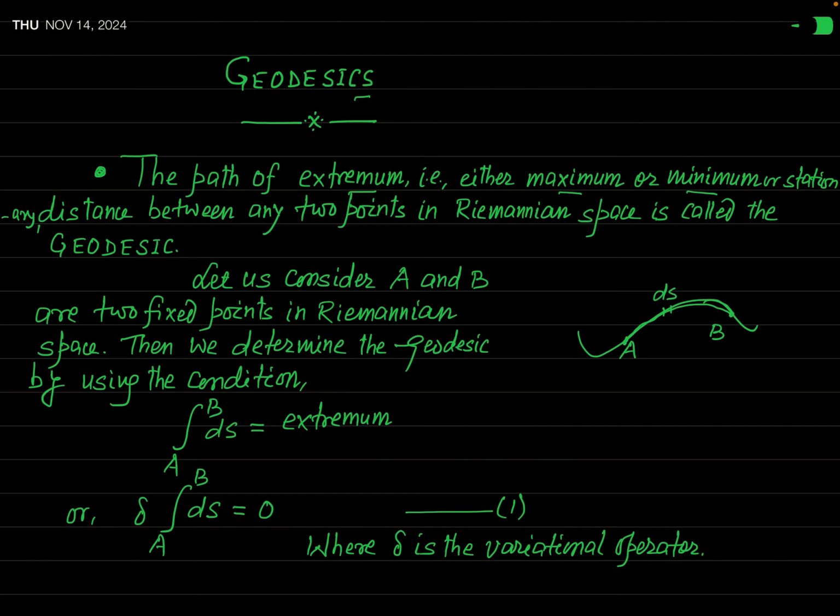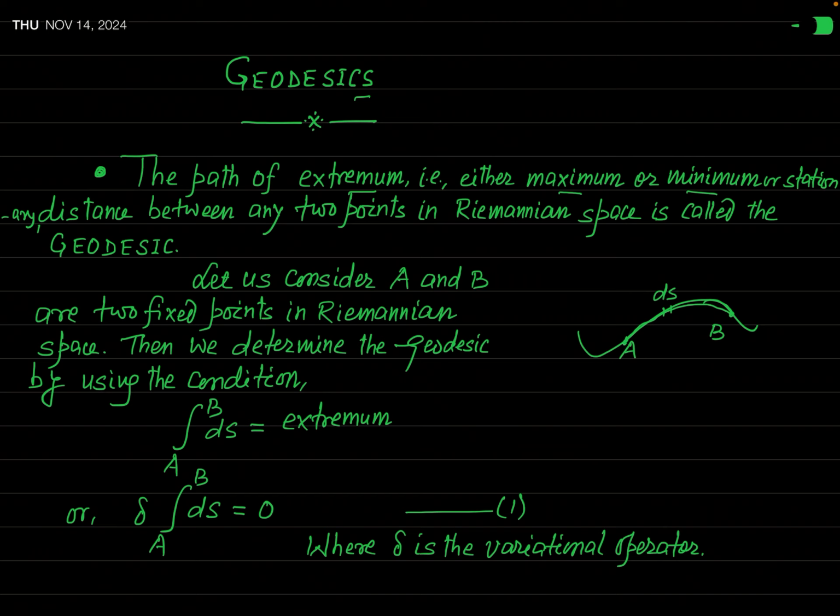You can say that a geodesic is defined as the path of extremum distance or extremum length between any two points in Riemannian space. For this, you can see this figure. I have considered the two fixed points A and B, and these two points are assumed in Riemannian space.